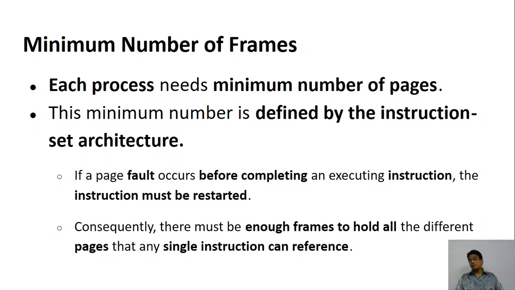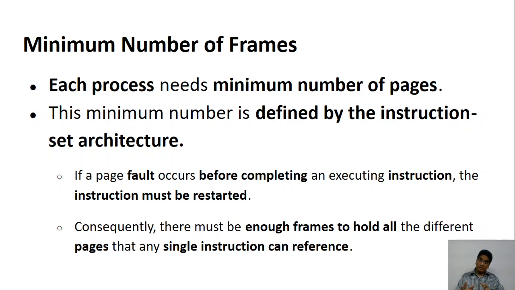Now the minimum number of frames depends on the instruction set architecture. So it is based on how the instruction set is developed on a given hardware platform. Now just assume that you are executing an instruction. Let's assume that there is a process and this process executes one instruction.